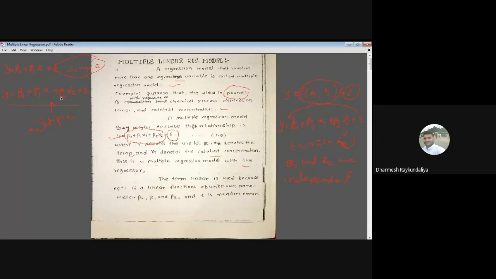But this is said to be regression coefficient. But यहाँ पे आपको क्या करना है? x2 को आप constant रख के, इसका मतलब you are trying to measure the partial effect of beta 1. Okay, so that is how beta 1, beta 2 are said to be partial regression coefficients.